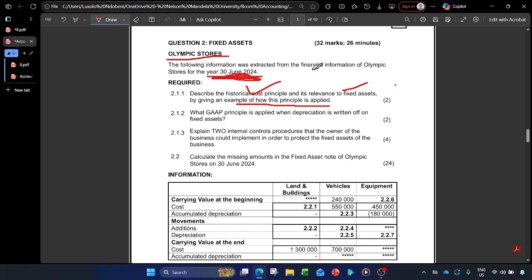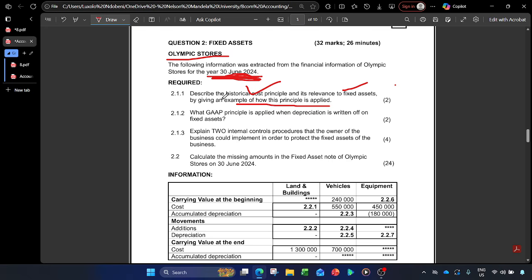So remember, guys, in accounting at grade 10, also I think 11 and 12, there's something called GAAP principles, right? So I think there are 8: materiality, historical cost, prudence, and the matching principle. I forgot the other principles.